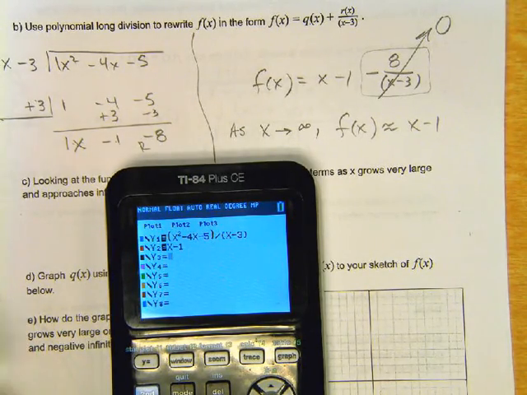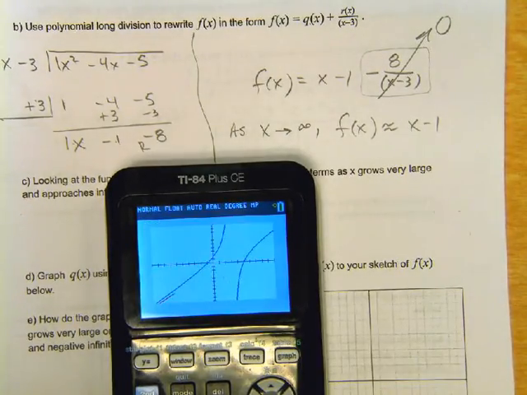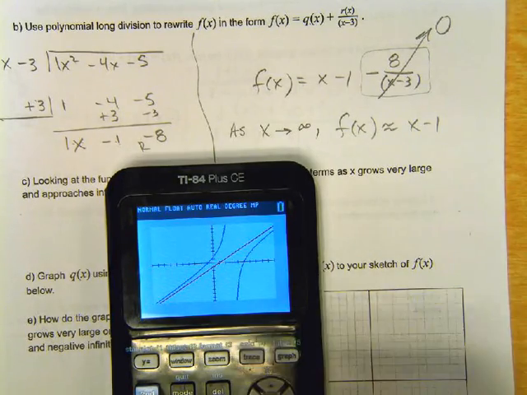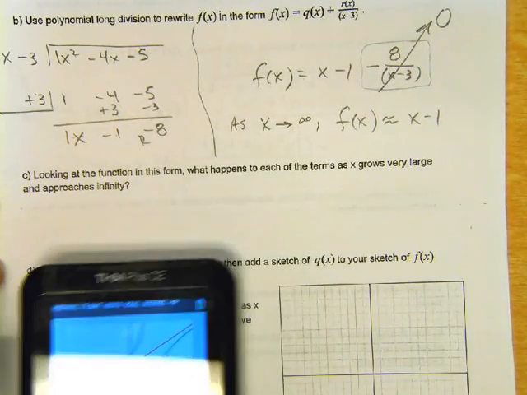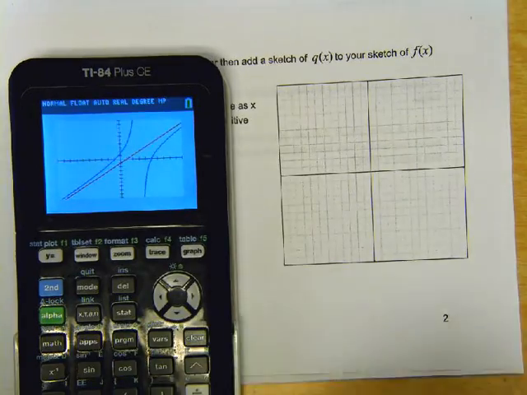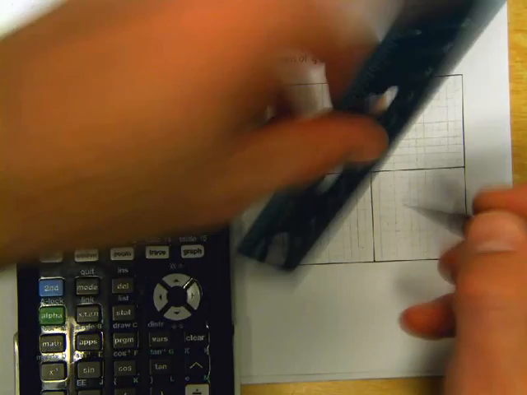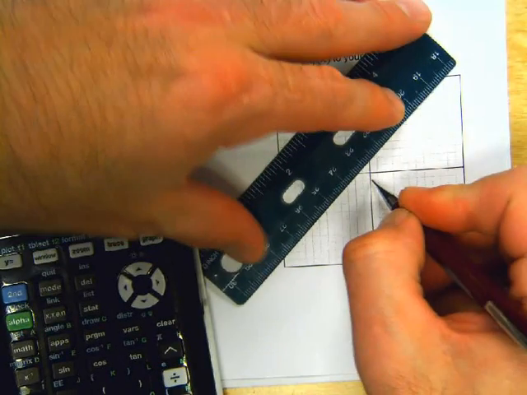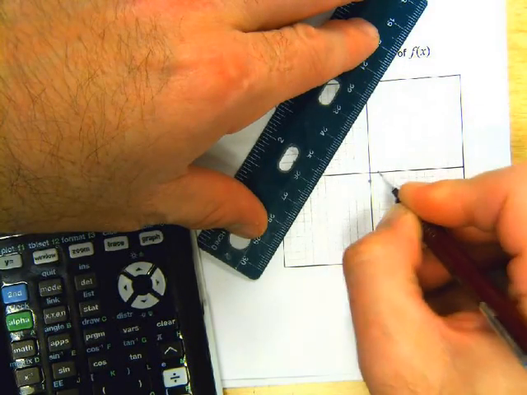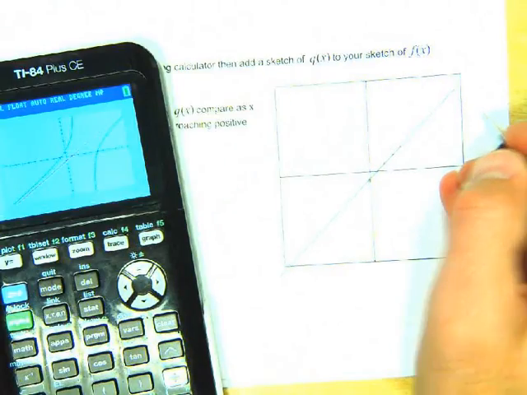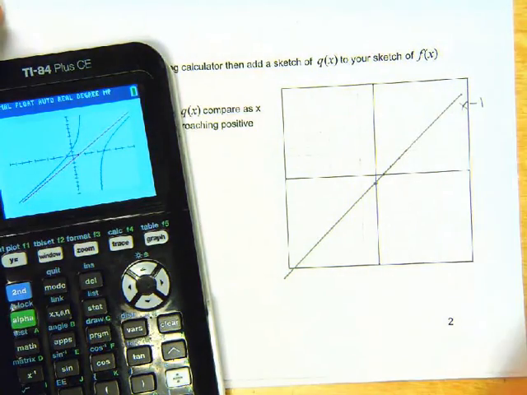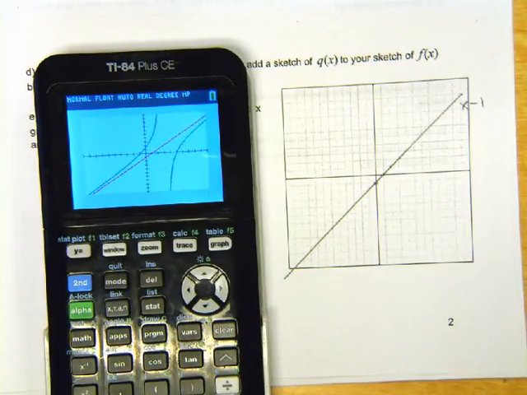Go to y2 and put in x minus 1 and graph. Look at that. Isn't that good? All right. So we can draw a sketch of that. We know that, let's see, the y-intercept is negative 1 and the slope is 1. So there's our oblique asymptote, x minus 1.